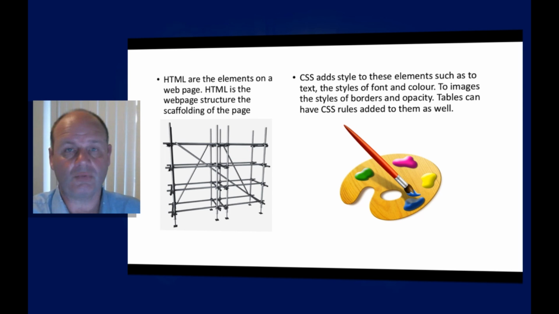We can add font, we can add color to them. We can add style to pictures, such as adding a border and opacity. To tables, again the color of the borders of the table, the thickness of the borders, the padding, which is the gap within each cell of those tables between the border and the text. There are lots and lots of style rules we can attach to various elements.